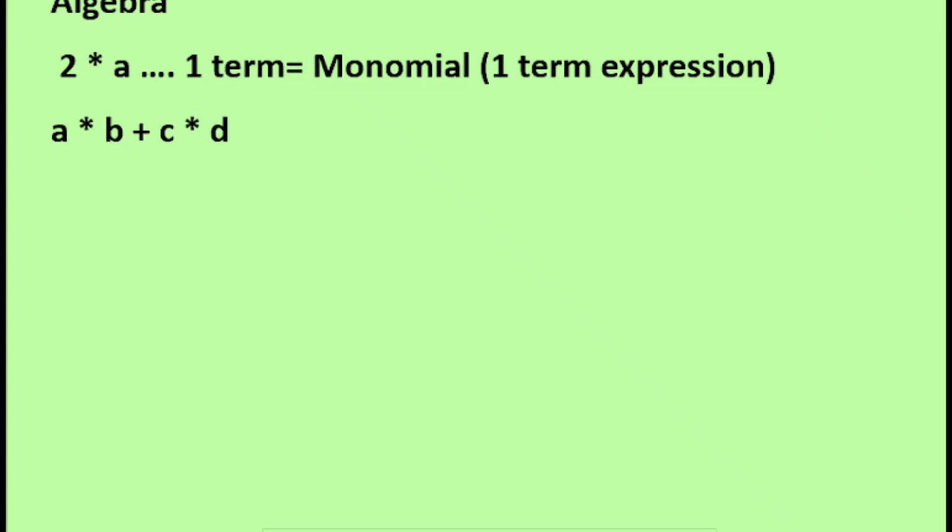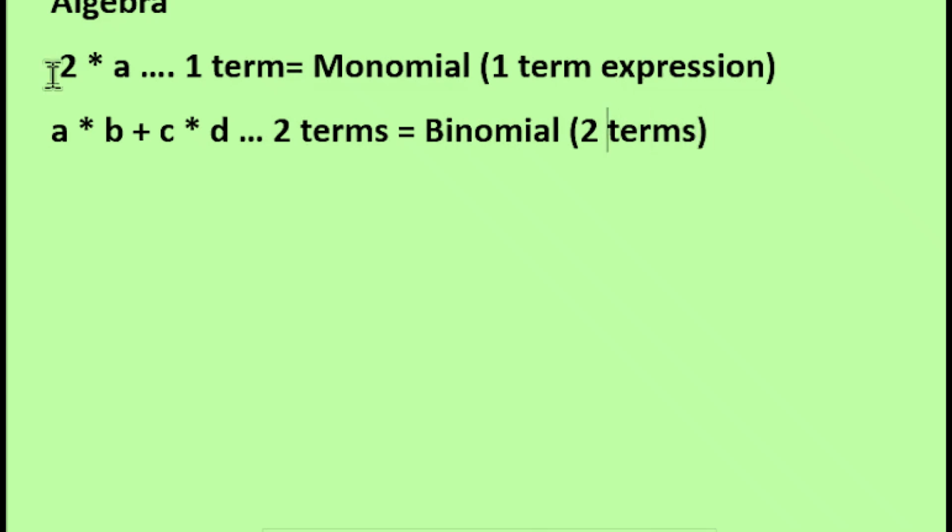How many terms? Two terms. a into b is 1 term, c into d is 1 term. When you have 2 terms, it's called a binomial. 1 term means monomial, 2 terms means binomial. That means 2 terms.